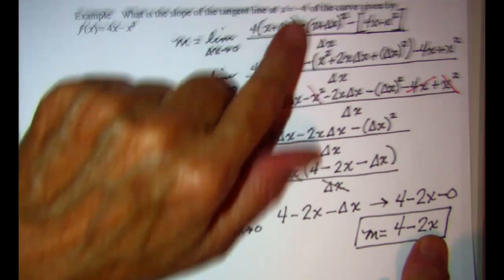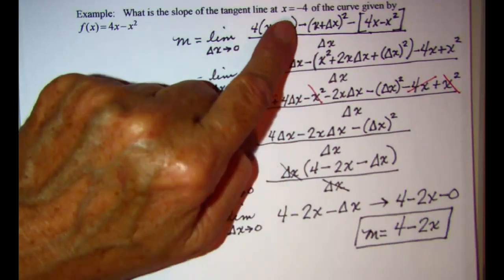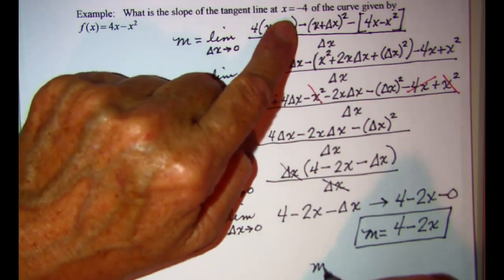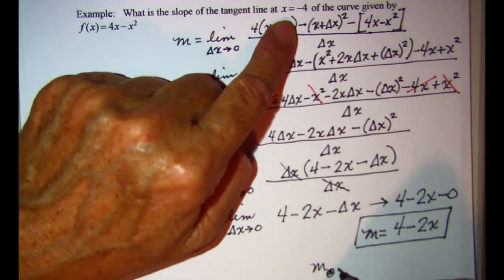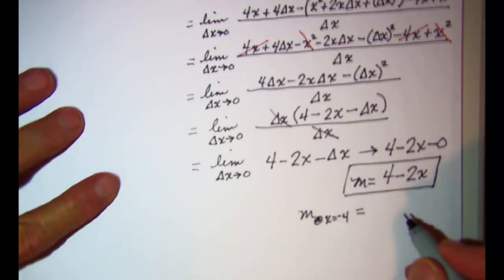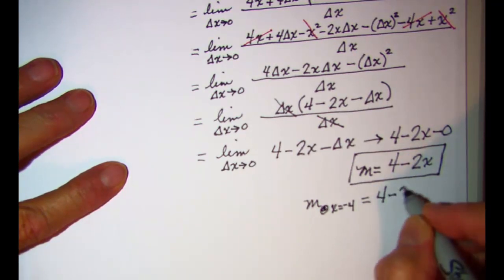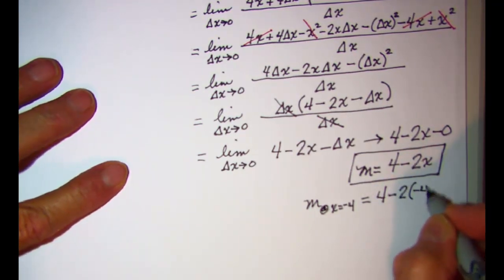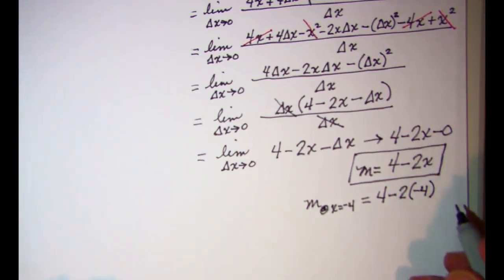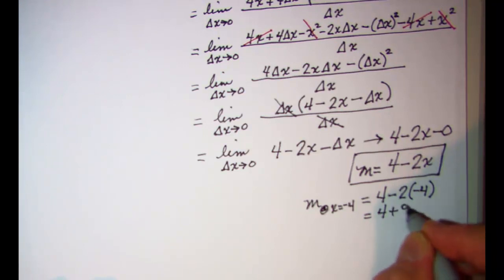So our problem says, what is the slope of the tangent line at x equals negative 4? So the slope at x equals negative 4 is going to be 4 subtract 2 times negative 4, plus 8.